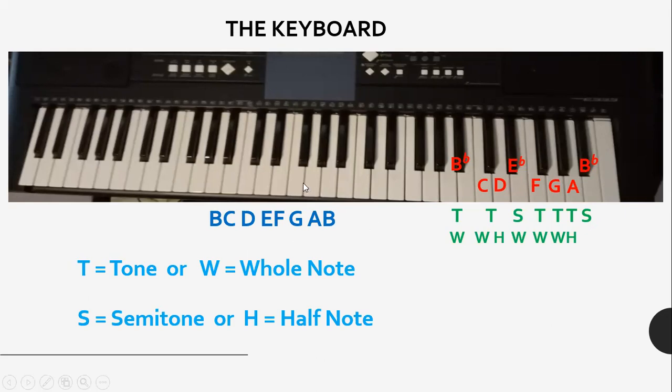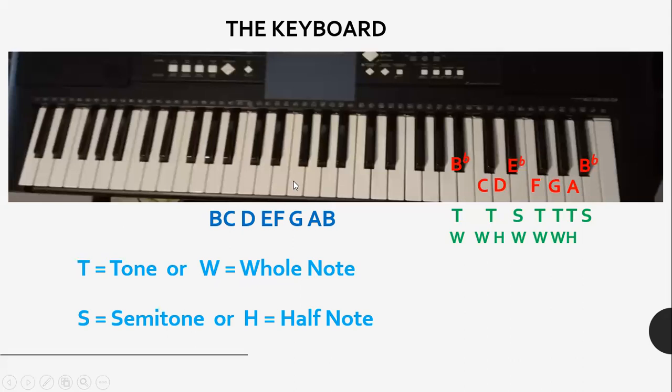So now, when we talk about F, this is F. And it only has this one as the note that is flattened, because this is do, re, mi. This one should be fa, but it is not going to give us a pure sound based on our tone, tone, semitone. Do you understand?